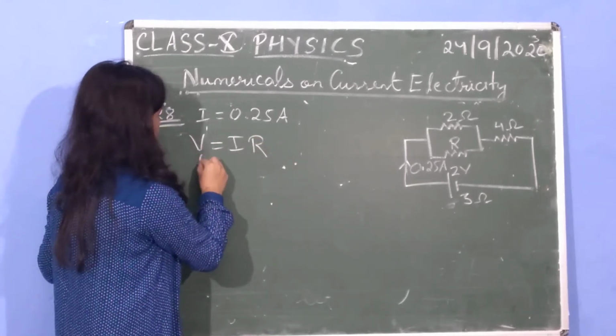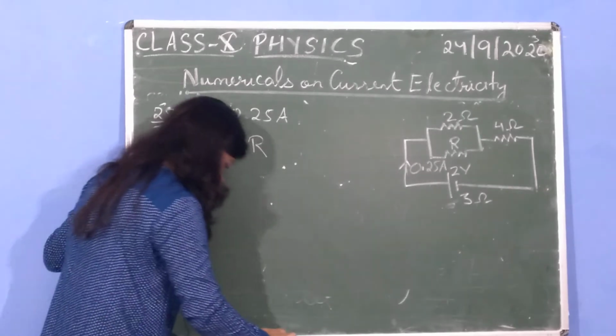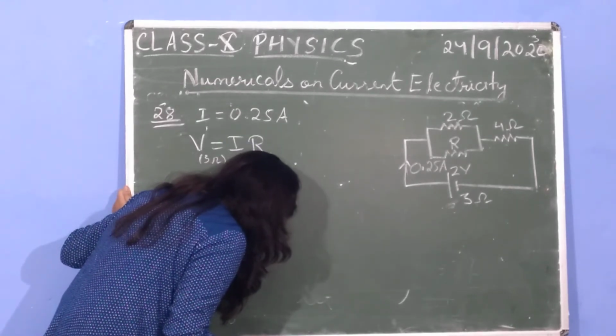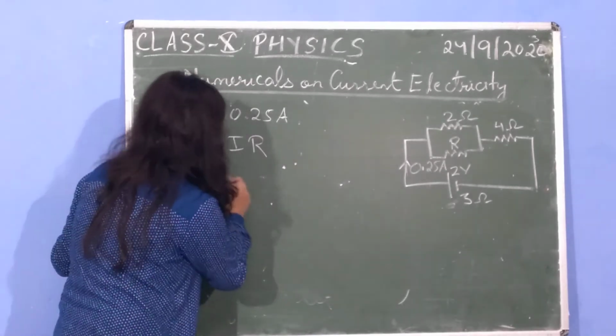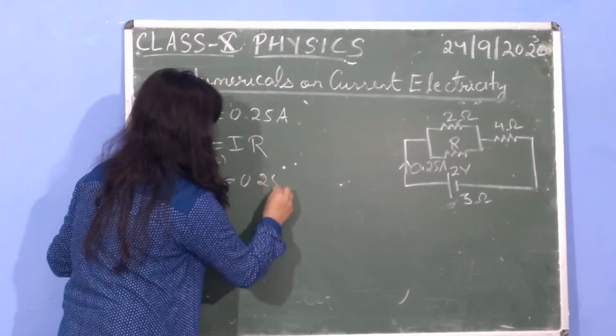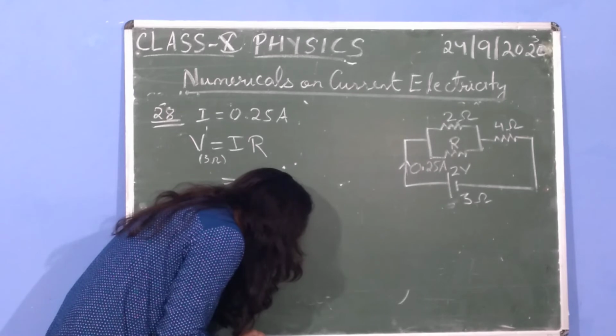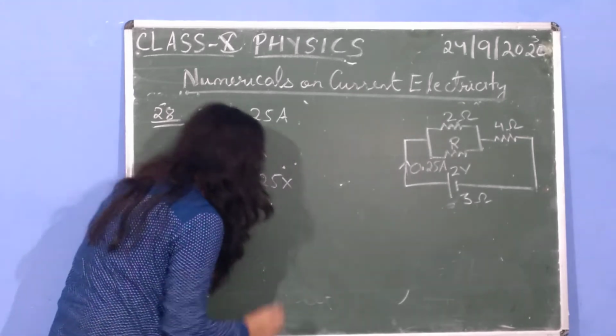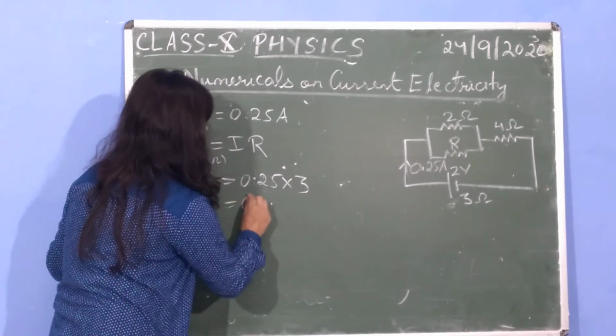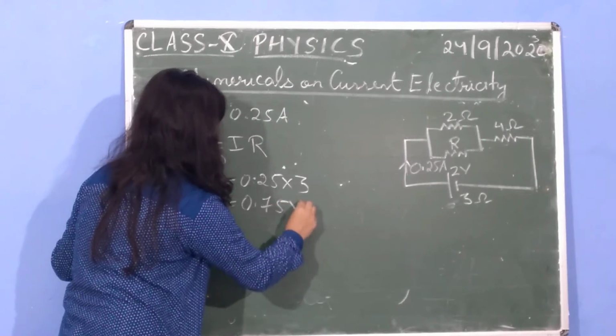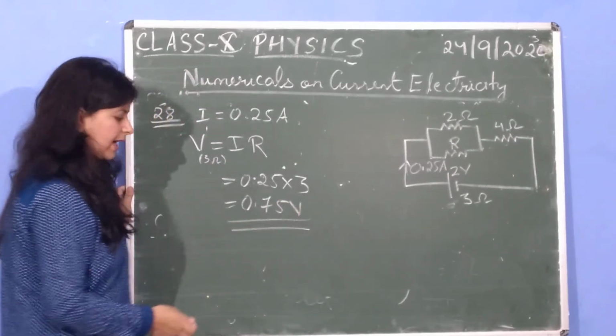So this is across the 3 ohm resistor. I is equal to 0.25 into R is equal to the value of internal resistance, 3, that is equal to 0.75 volt. So this is the solution to part B.